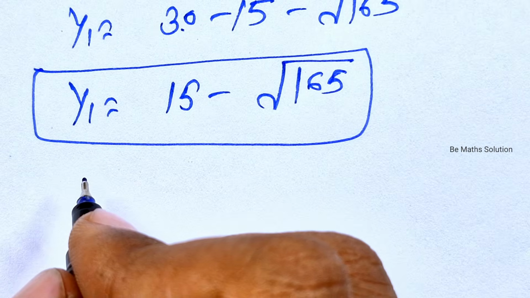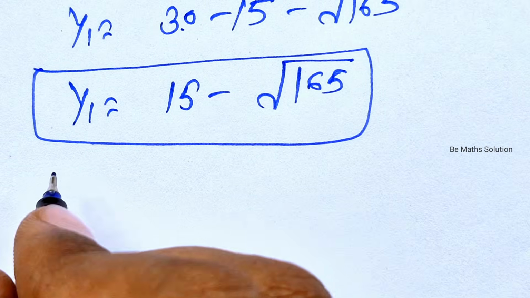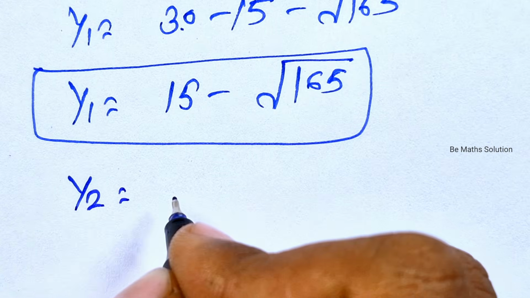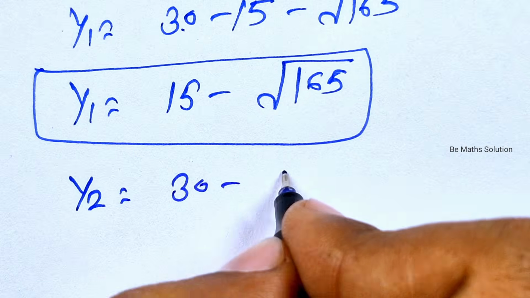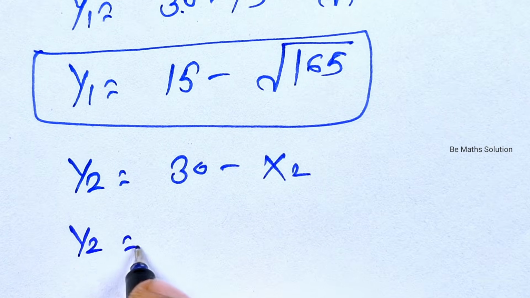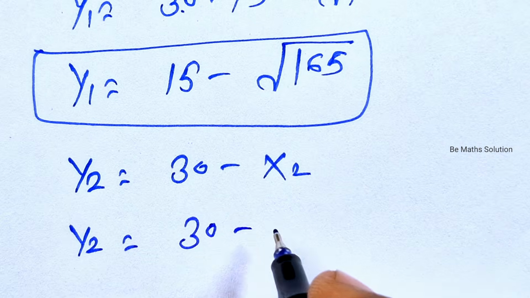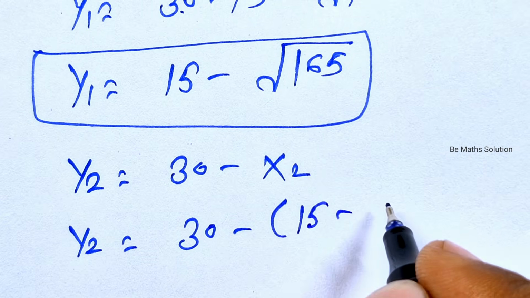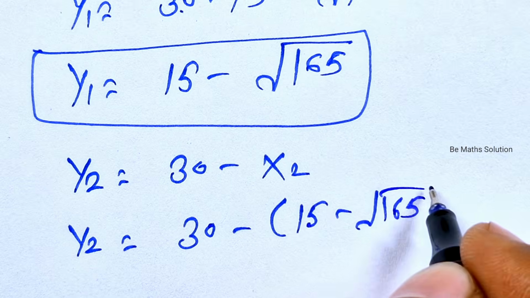And now the value of y2 is 30 minus x2. Then y2 is equal to 30 minus x2, put the value in brackets, 15 minus square root 165.